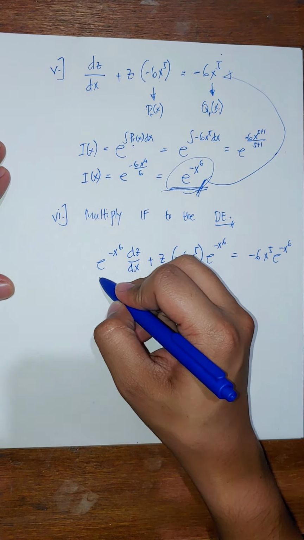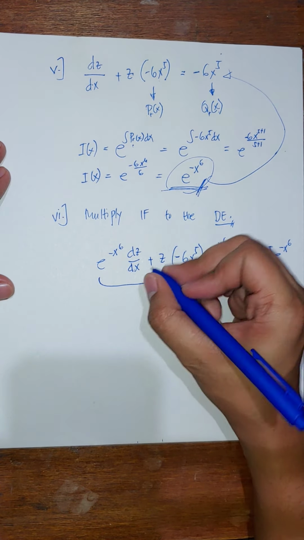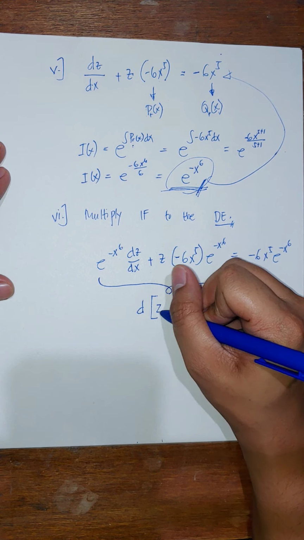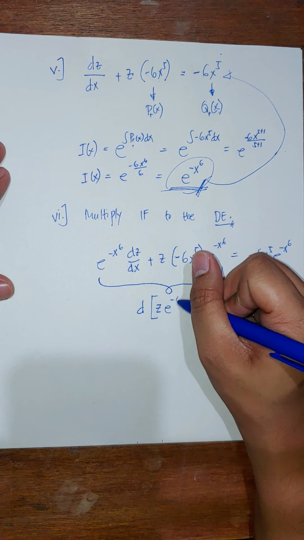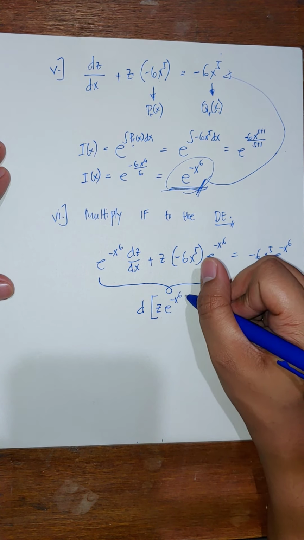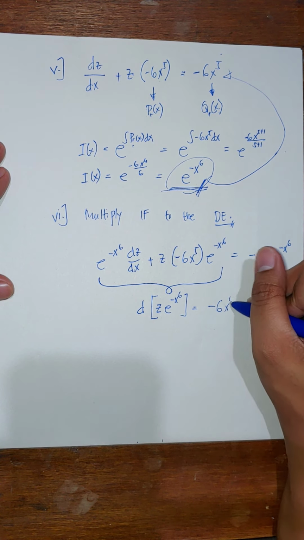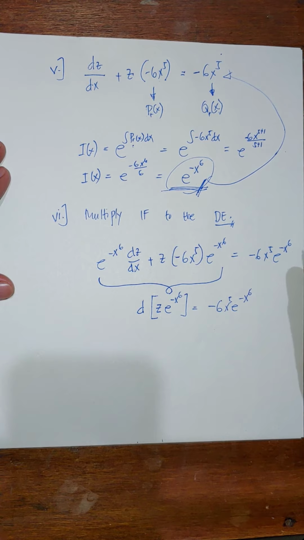Again, if you remember, we can rewrite this whole equation. This equation just looks like the derivative of the product z times the integrating factor, e to the negative x to the sixth power, is equal to negative 6x to the fifth e to the negative x to the sixth power.